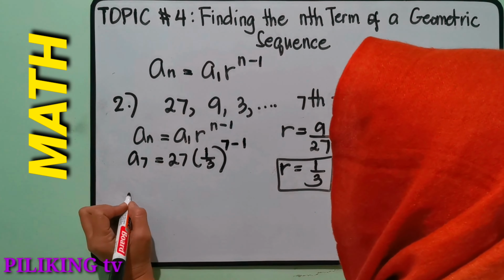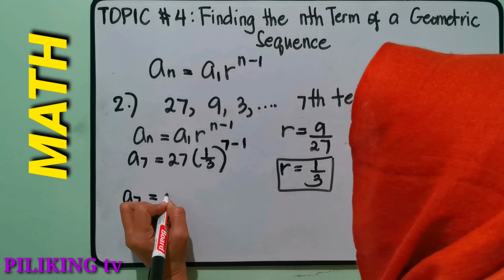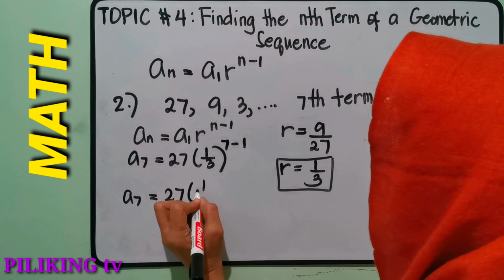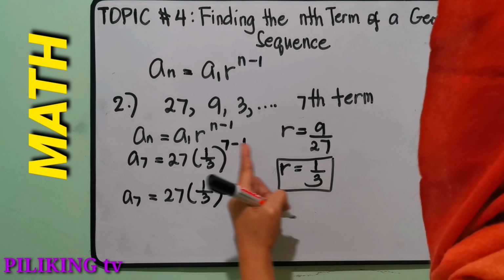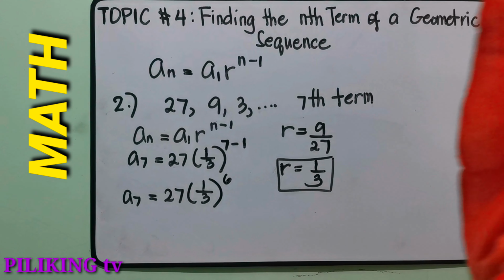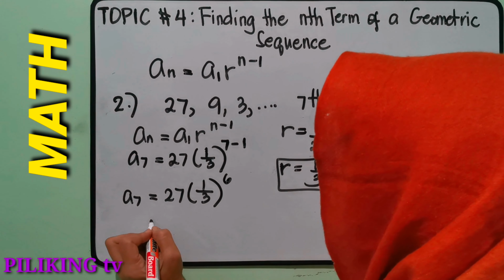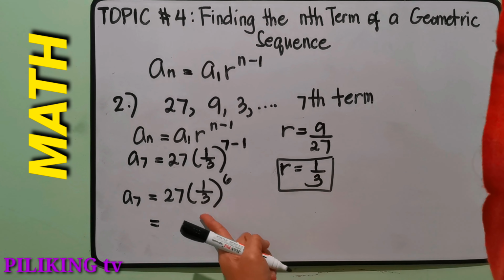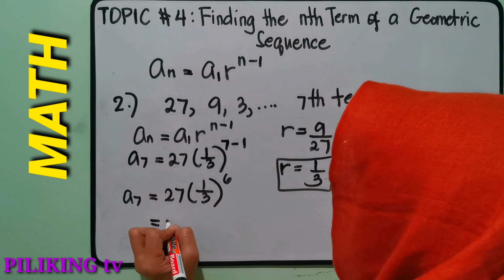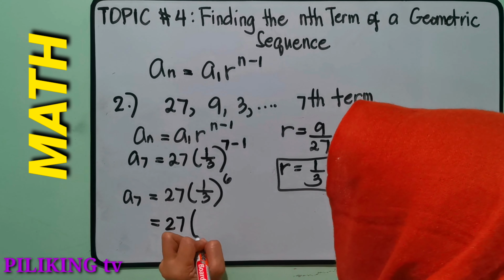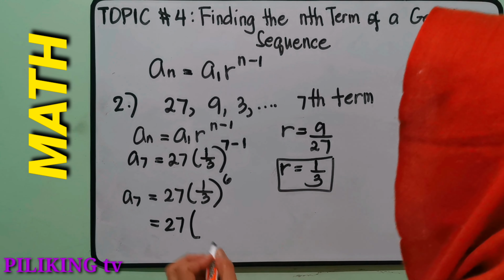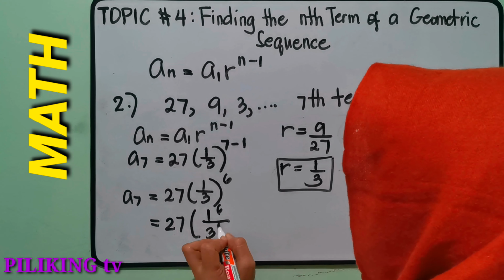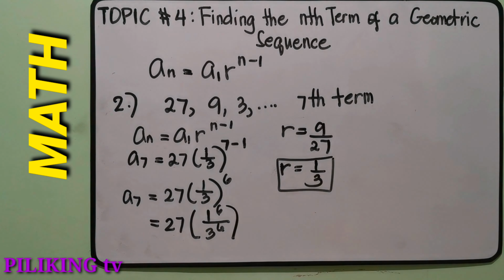So we have a sub 7 is equal to 27 times the quantity of 1/3 raised to 7 minus 1, which is 6. Okay? Let us now simplify. Again, simplify first the expression inside the parentheses. So we have 27 times 1/3 raised to 6, which is equivalent to 1 raised to 6 over 3 raised to 6.